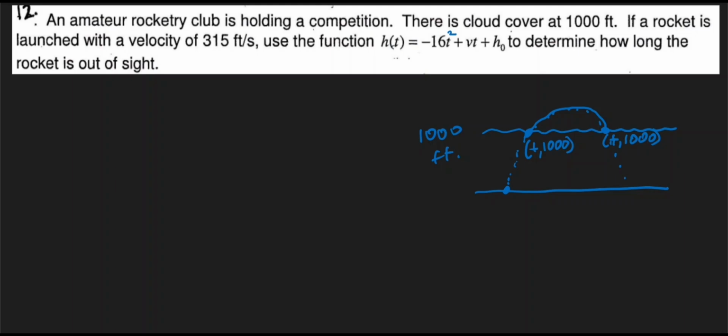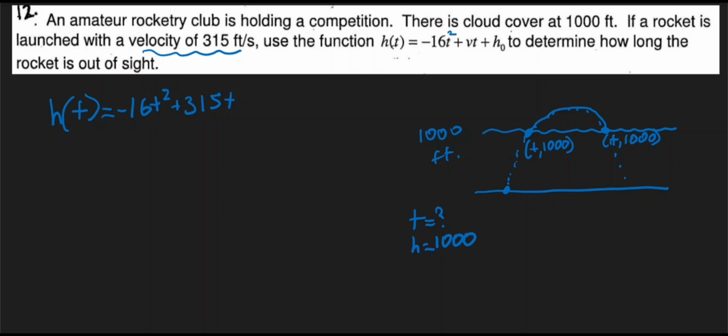So if we plug everything into our vertical motion formula, then h of t would be defined by negative 16 t squared plus v initial t, where v initial is given to be 315 feet per second. So you have 315 t, and then it's being launched from ground level, so the initial height would be 0. And now we're solving for the time that it takes for the height to be 1,000 feet. So t would be our unknown variable when the height is equal to 1,000.